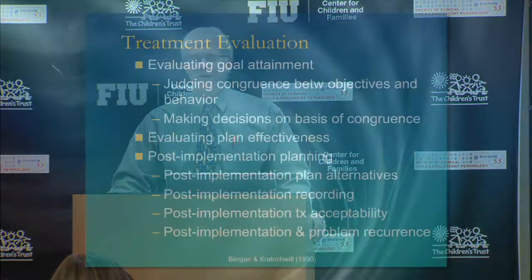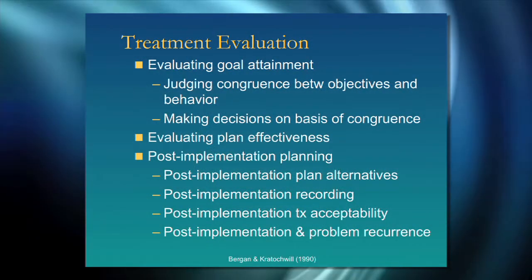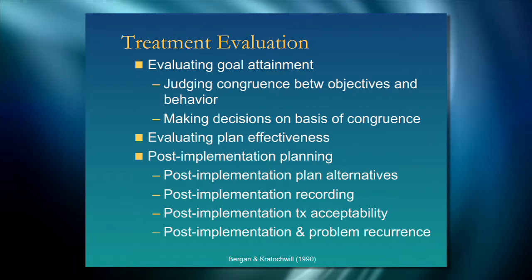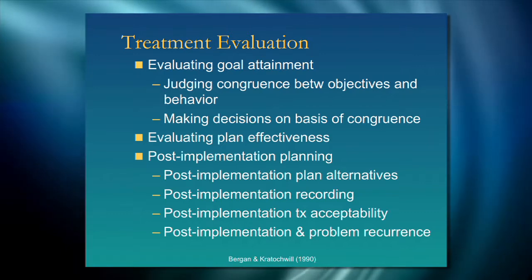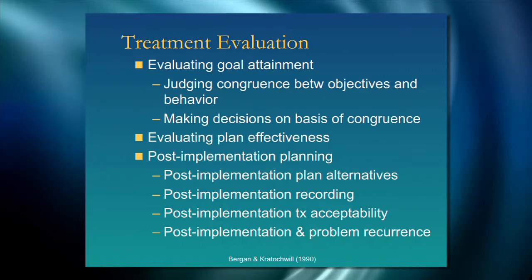The other possibility is we're not getting anywhere, and so we need to go back to the problem analysis phase to revisit. Maybe we were off target. Maybe we didn't really identify the triggers or consequences accurately, or maybe we hit on a strategy that didn't tie those triggers and consequences in as well as it could have. So we're using the data to determine where we're going next in our post-implementation plan.